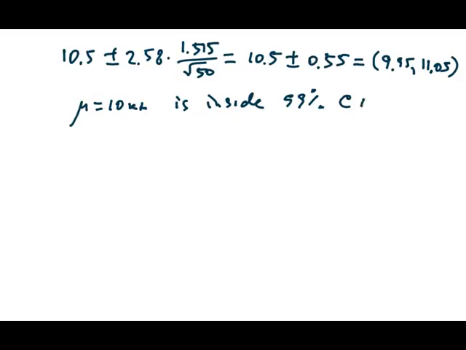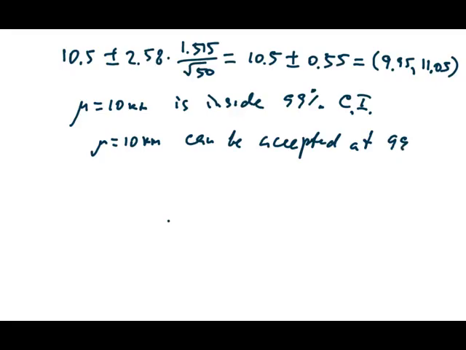the 99% confidence interval, and we conclude that we can accept the hypothesis that mu equals 10 kilometers at 99% confidence level.